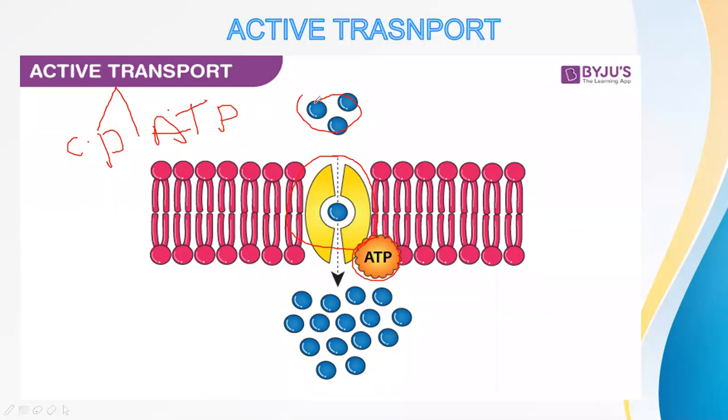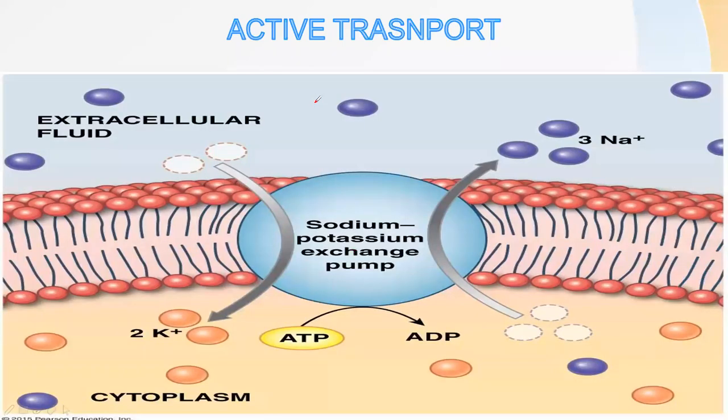Now there is a good example to show this active transport. On the screen you are seeing a picture that explains the sodium potassium pump. We call it the sodium potassium pump.